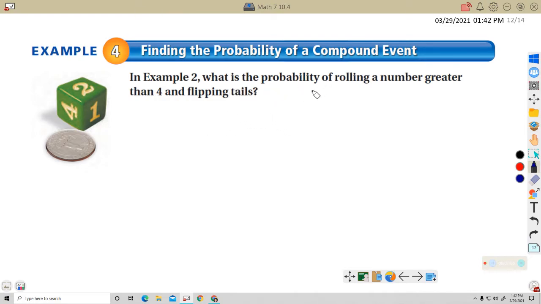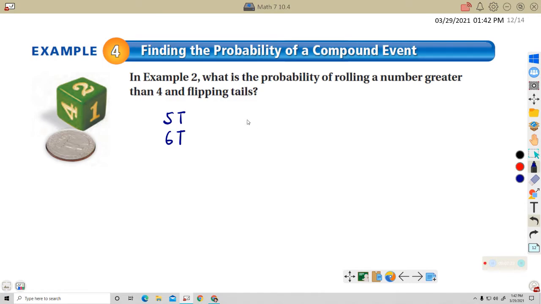But let's talk about the desired outcomes of rolling a number greater than 4 and flipping tails. They only have 5 followed by tails and 6 followed by tails.